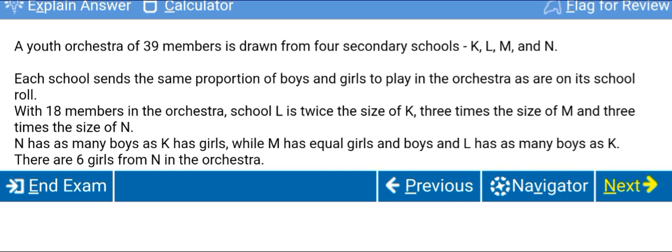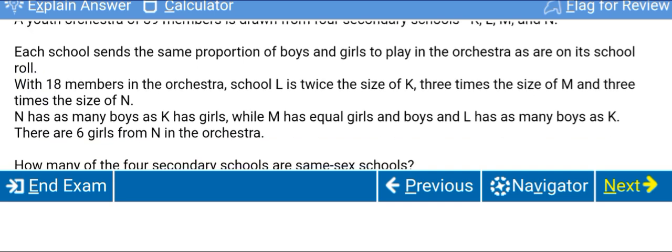With 18 members in the orchestra, School L is twice the size of K, 3 times the size of M, and 3 times the size of N. N has as many boys as K has girls, while M has equal girls and boys, and L has as many boys as K. So there are 6 girls from N in the orchestra.